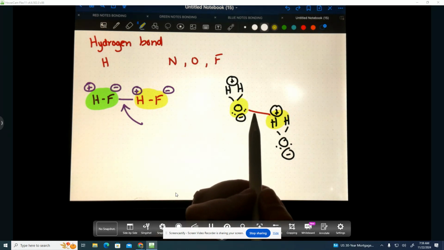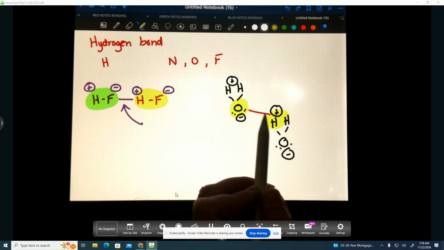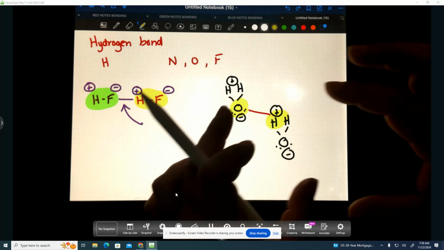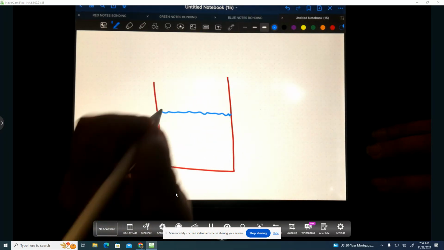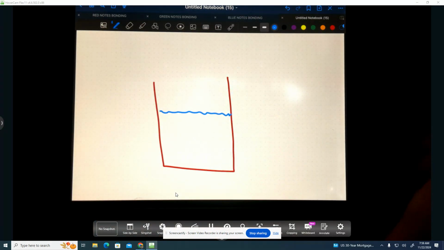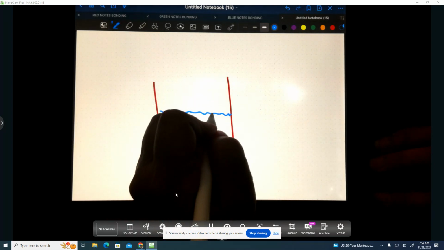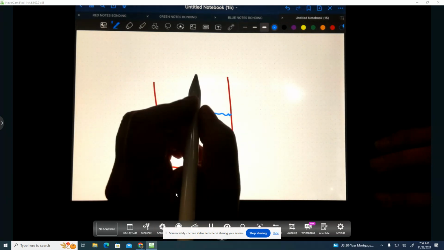And in order to escape, they've got to break this hydrogen bond. Imagine all of these water molecules that are in a glass. So if we have a glass of water, look how beautiful my glass of water is. I'm even going to make it blue. Isn't that cute? That's a glass of water.